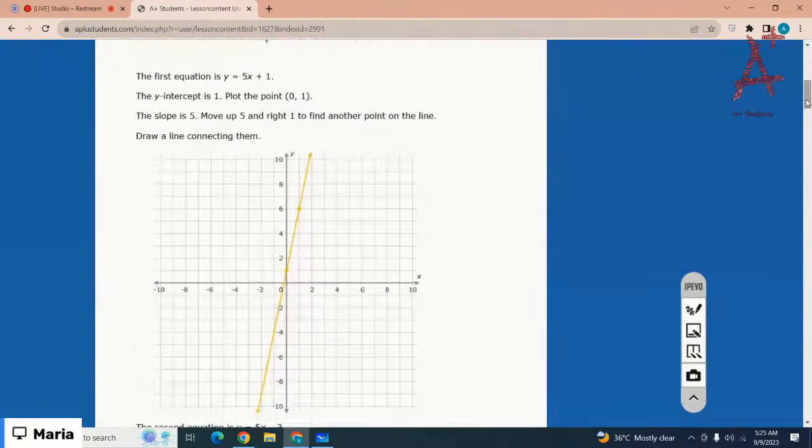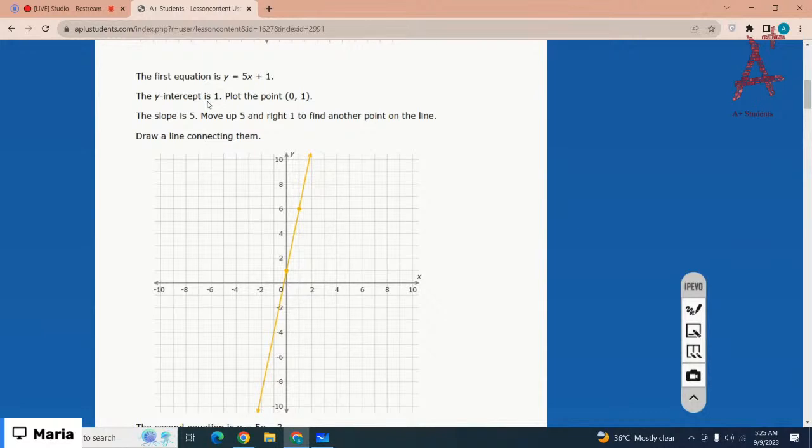Okay, you start with equation number 1, that is y equals 5x plus 1, right? That means the y-intercept is 1. This is the slope, 5 is the slope and 1 is the y-intercept. So y-intercept means the point where the graph is touching the y-axis, right? Then that would be 0 and 1.